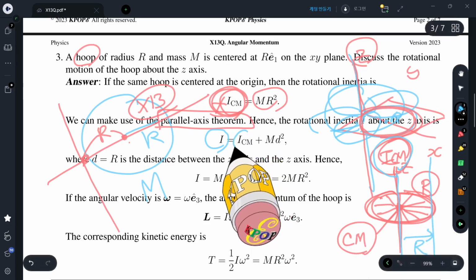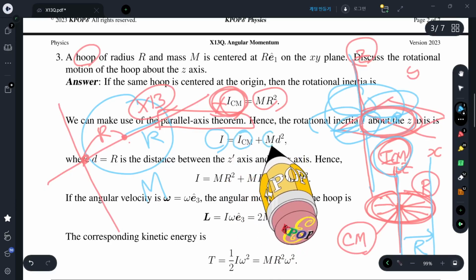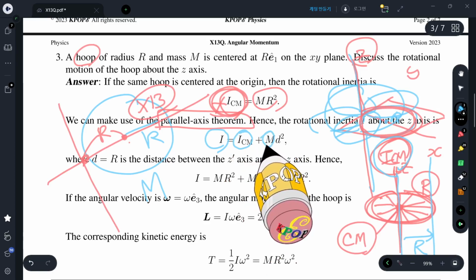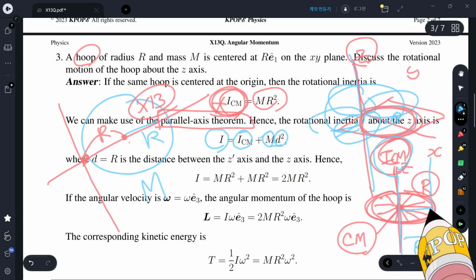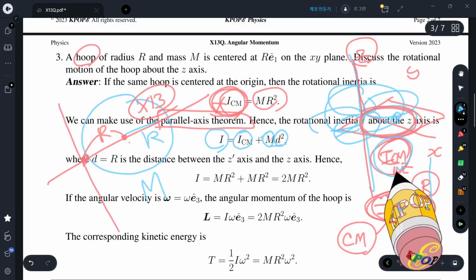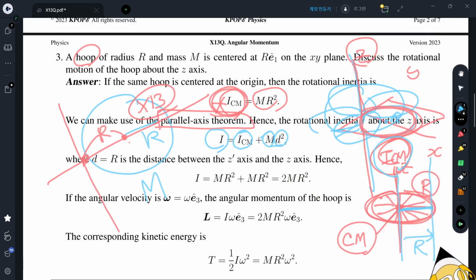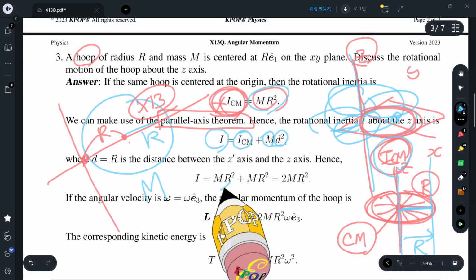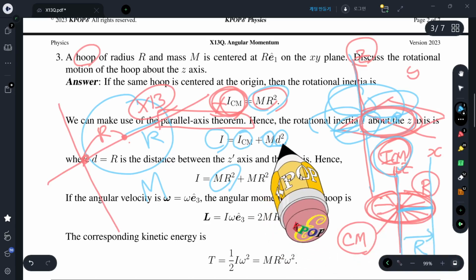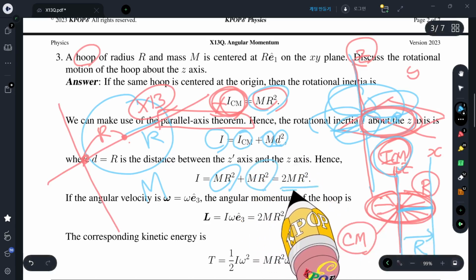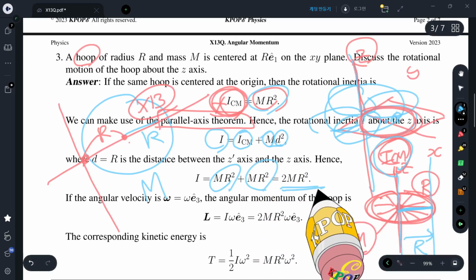Instead, I copy this, take the mass of the particle and multiply by the perpendicular distance between the two parallel axes squared. Because it is m r squared and the distance here is r, the answer is 2 m r squared.